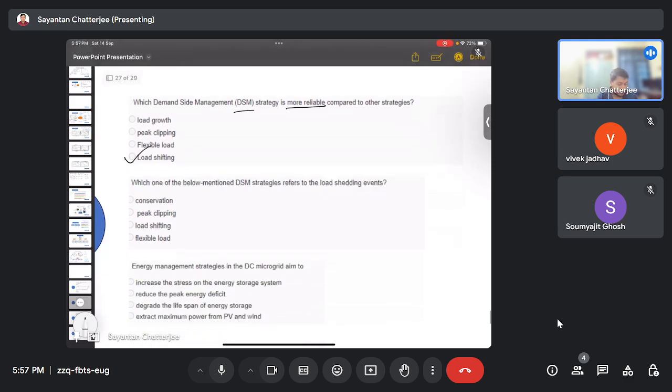Which one of the below mentioned DSM strategies refers to load shedding events? Conservation, peak clipping, load shifting, flexible load.